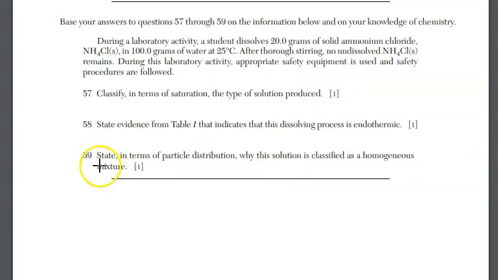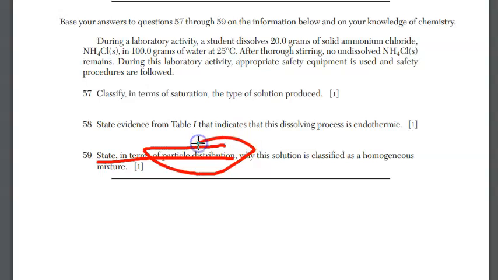For question 59, state in terms of particle distribution. Very important here: anytime a question has the three words "in terms of," make sure you answer it with whatever follows in your answer.